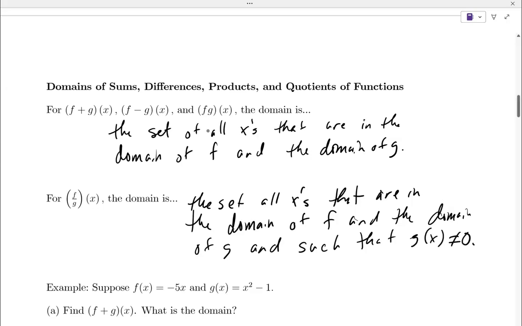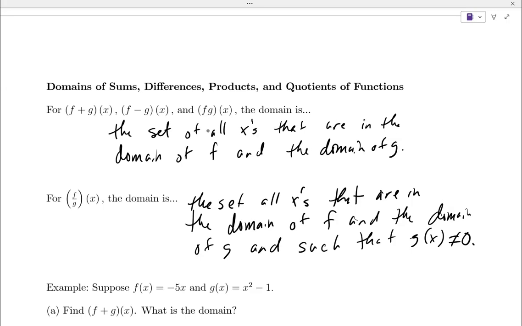Because we're introducing a division, I need to make sure that whatever we plug into x doesn't give us 0 in the denominator. So it adds a little extra layer that you have to worry about when you do the division.